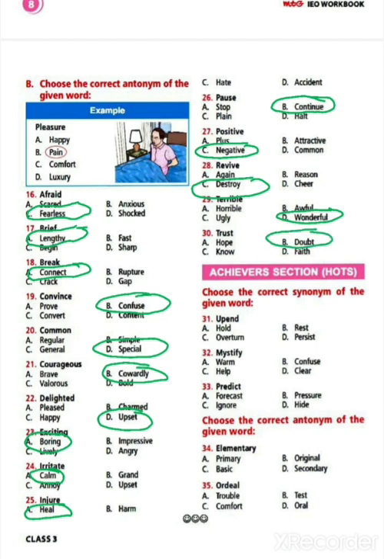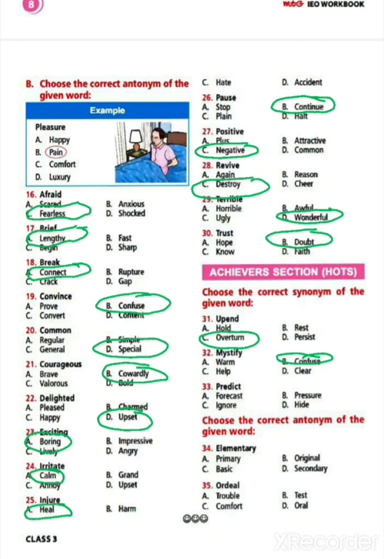Choose the correct synonym of the given word. 31, append. So append, the synonym is overturn. Then next is mystify. 32, your answer is confuse. 33, predict.